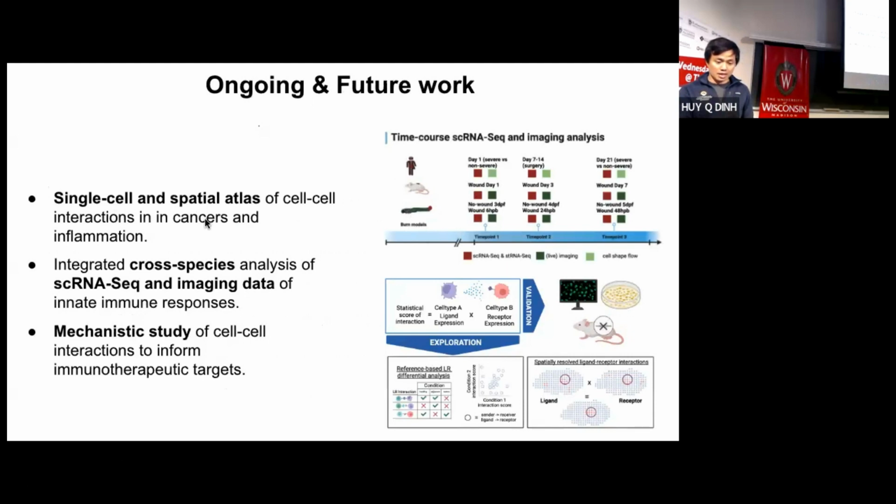We want to ask if we are able to identify the single cell and spatial atlas of the cell interaction across time points using the human, where we collect both blood and tissues. Then we're going to use the mouse model and zebrafish from collaborators to see what translates and what's not. And we also want to study mechanistically how it happens.